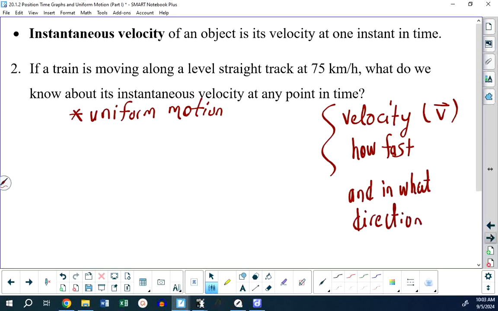Now, in this question, we know the how fast, right? That part of the velocity is not changing because it's not speeding up or slowing down. Is the direction changing? No, because it says it's traveling along a straight level track. Let's just say, for the sake of argument, that it's moving east.